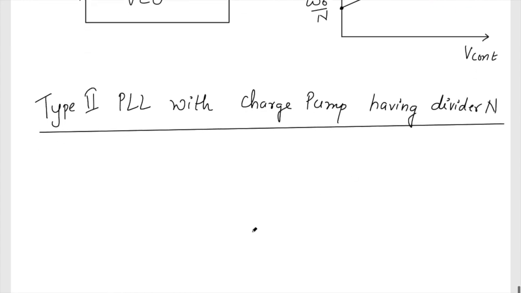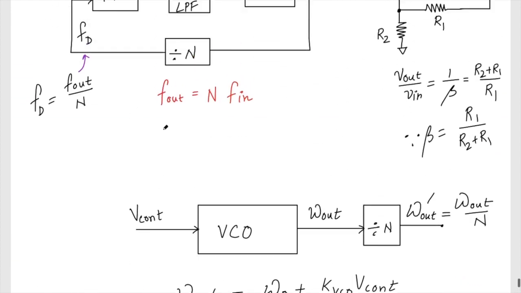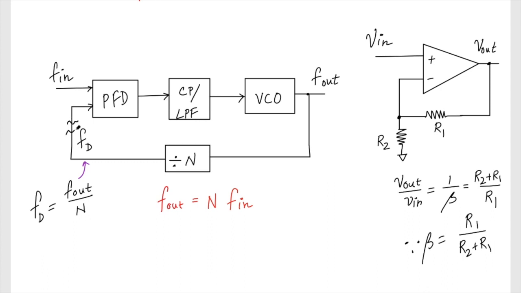So what does open loop mean? When we open the loop, what is the total loop gain? Sometimes we also call it loop gain.